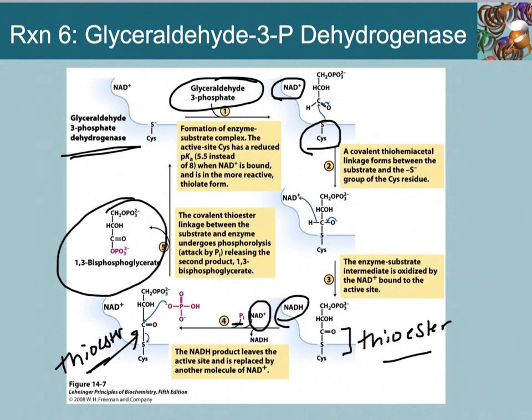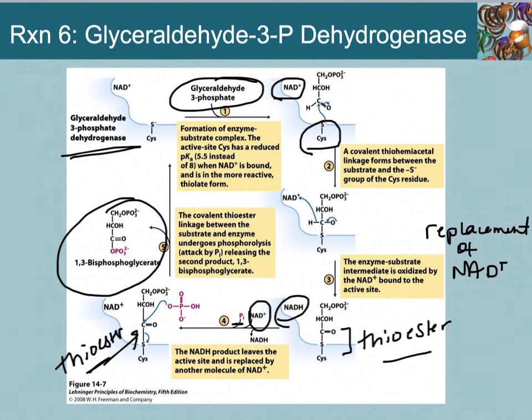The replacement of the NAD plus is very important. When a new molecule of NAD plus comes into the enzyme pocket, the positive charge is going to polarize the thioester intermediate, and this will facilitate the attack by the orthophosphate.